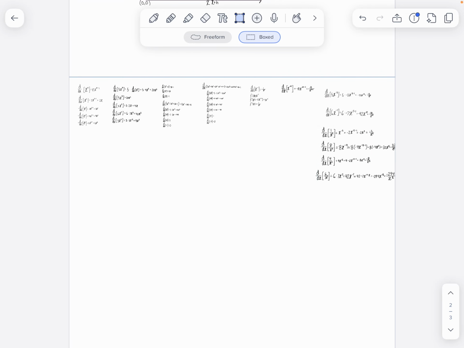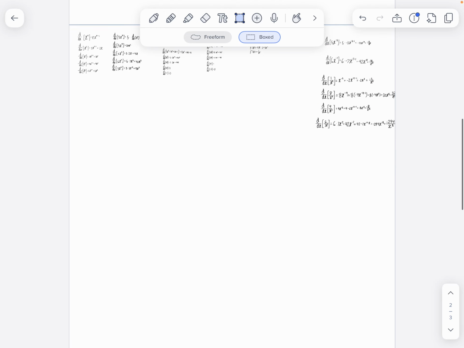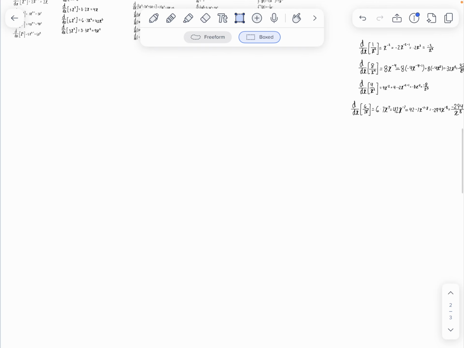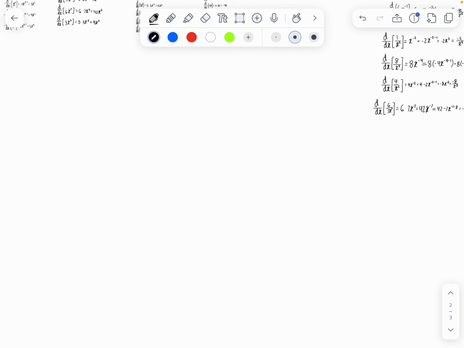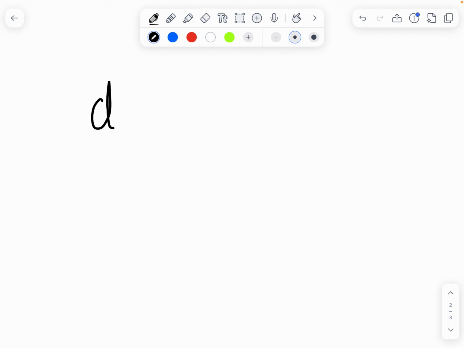Let's put that there. Okay, so now we are going to be learning how to find the derivatives of roots. So what is the derivative of root x?